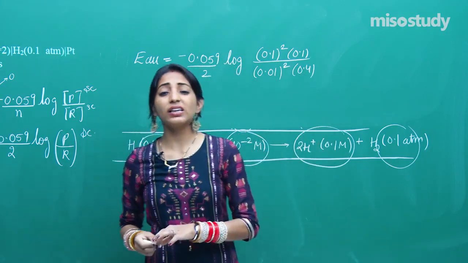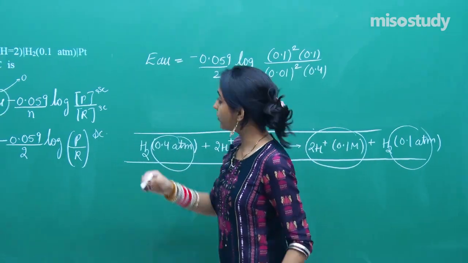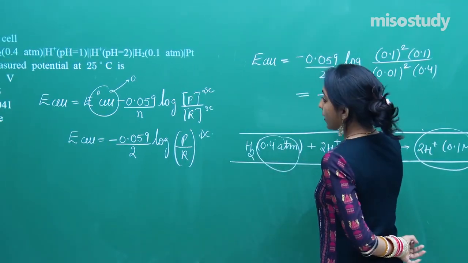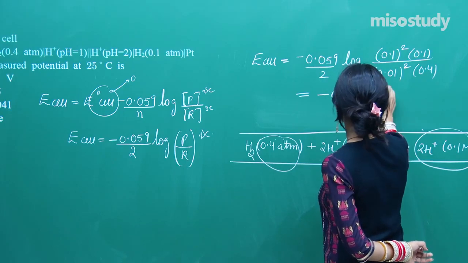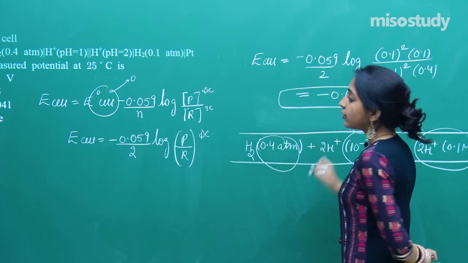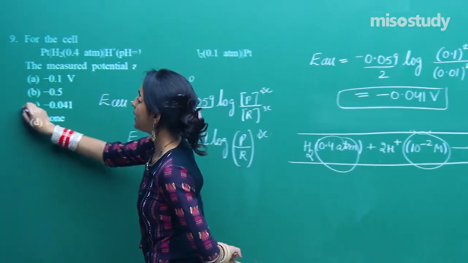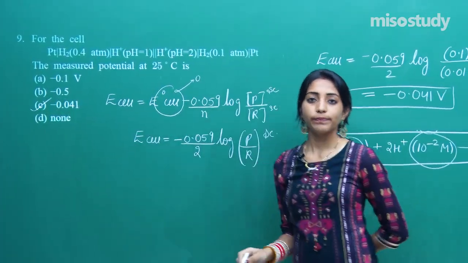The calculation is not at all tough. Once you solve everything, you will end up getting minus 0.041 volt.